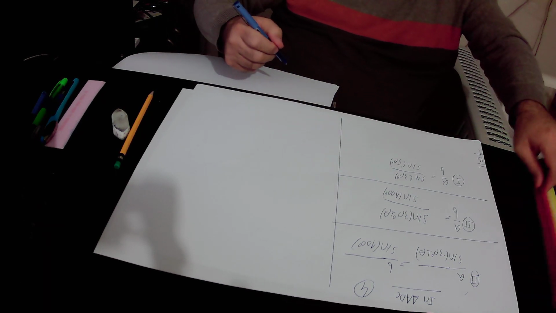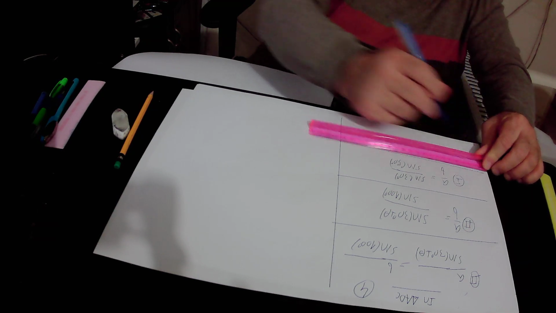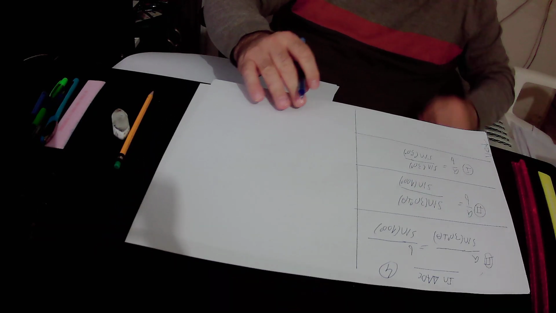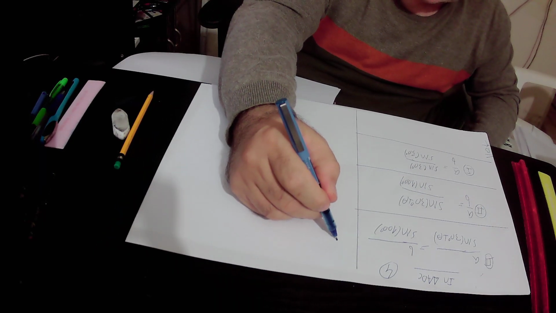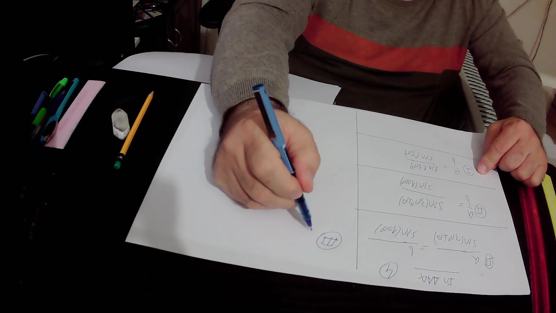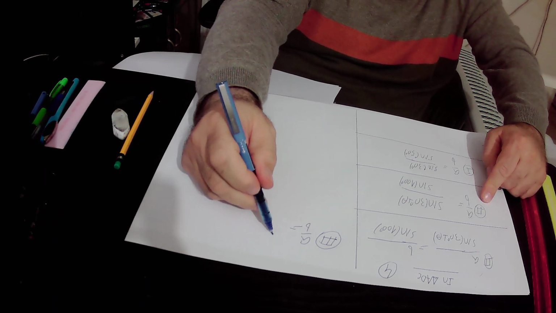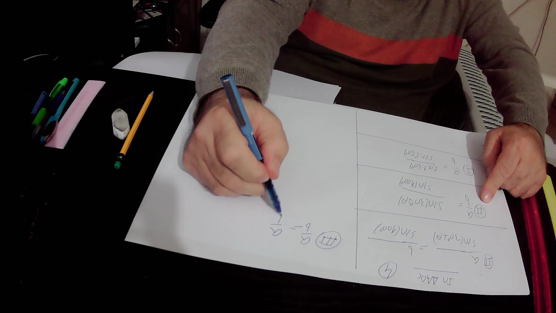So we actually can create equation number 3 that states that A over B according to equation number 1 must be equal to A over B according to equation number 2.